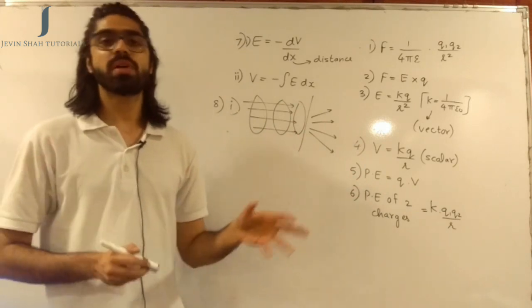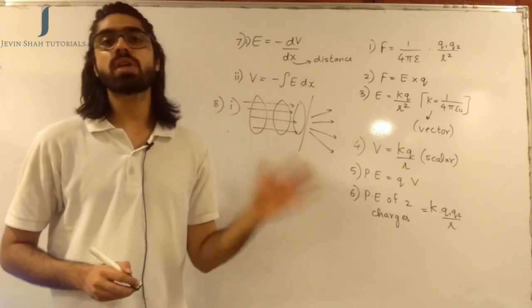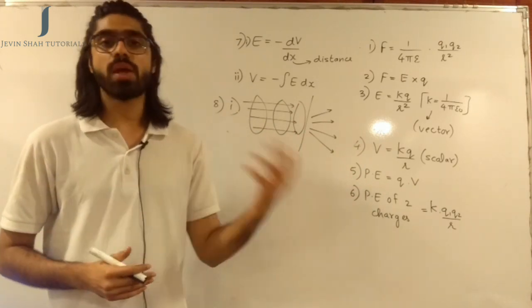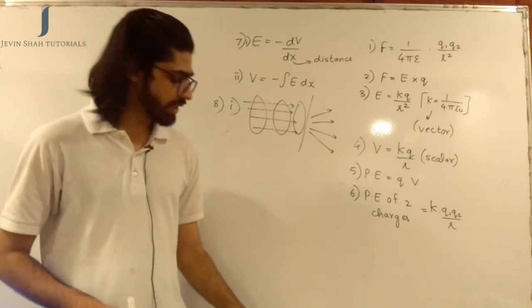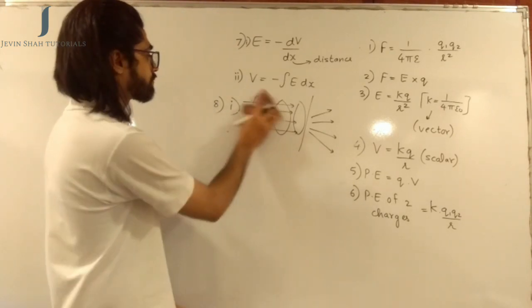So these are some properties about electric lines of force. You need to keep them in mind because, like I said, there are questions that come in JEE mains based on this concept. The next thing you have is something called Gauss theorem.